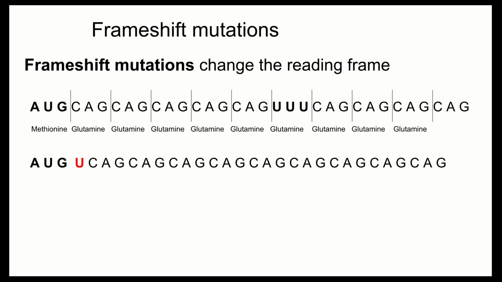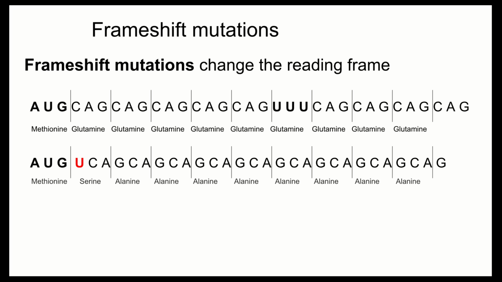Instead of having my normal codons, now everything's shifted over by one because I inserted an extra U. Now I'm going to have a methionine, then I'll have a serine, and now I have a bunch of alanines over and over. Notice how these two amino acid sequences are completely different. By the way, I'm noticing this weird UUU on the top line. I'm sorry, that is a typo. If you can ignore that, please ignore that.